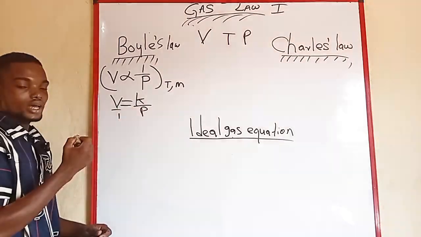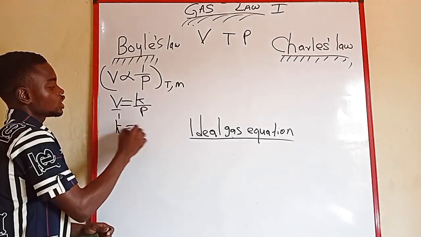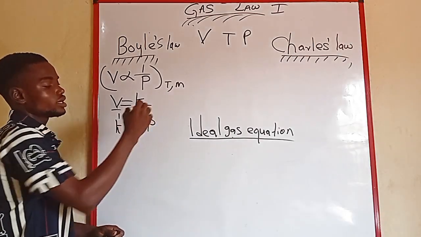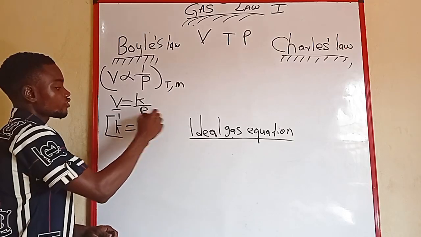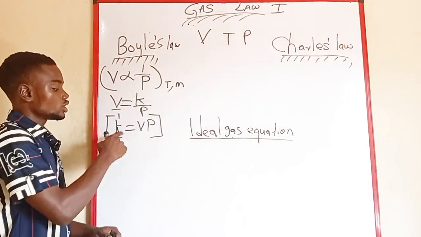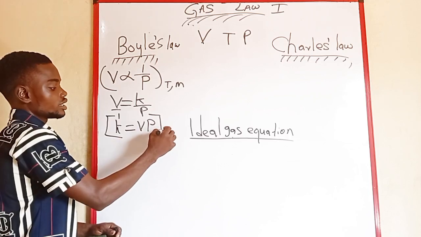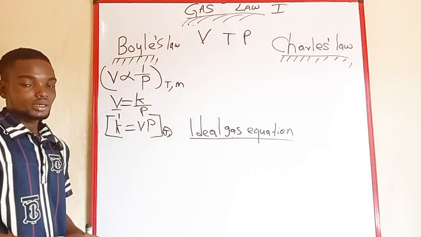Here we can cross-multiply, and we have that K is equal to V multiplied by P. Now we have gotten that for every gas, VP is going to be constant at a constant temperature. All right, at a constant temperature.